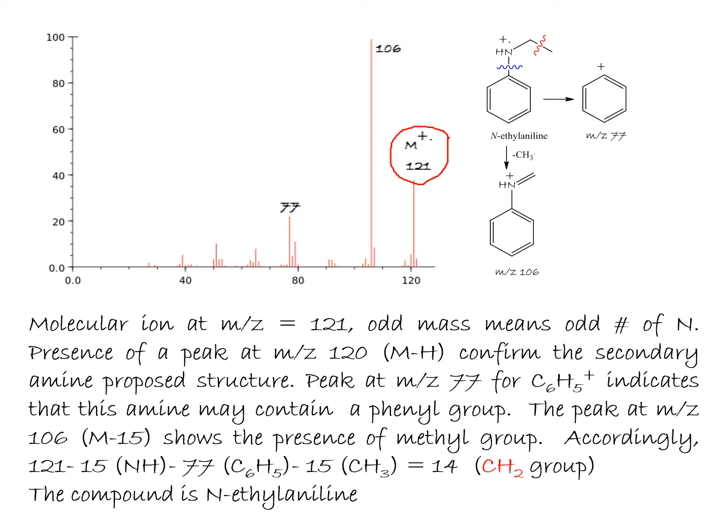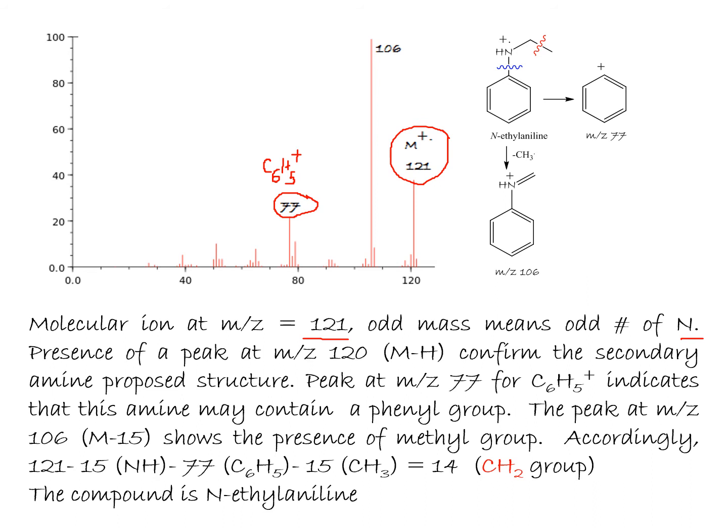Okay, and we have a peak at 77. That's C6H5. That's a phenyl. So we have phenyl part and we have aliphatic part. The molecular ion at 121, odd, you have an odd number of nitrogen.